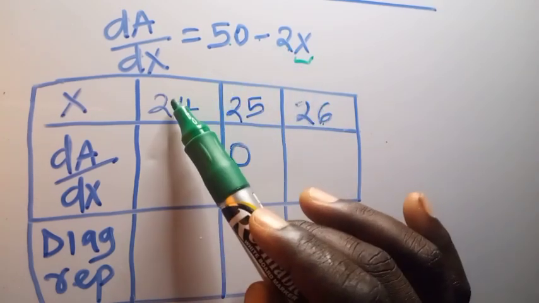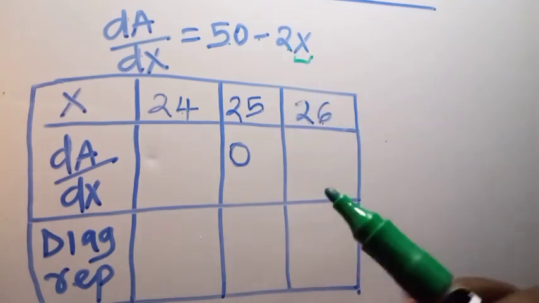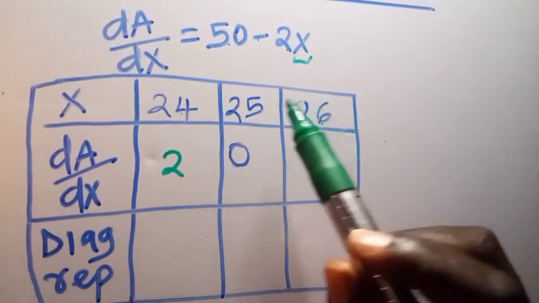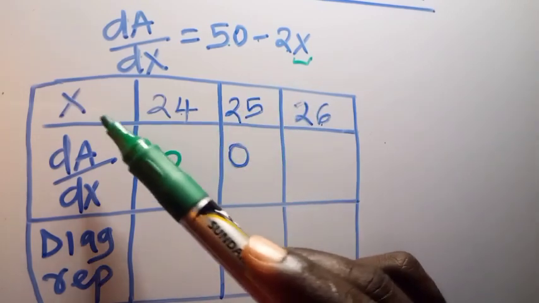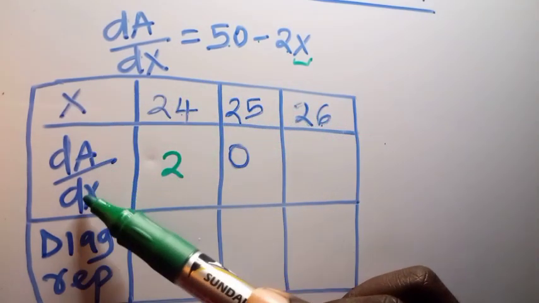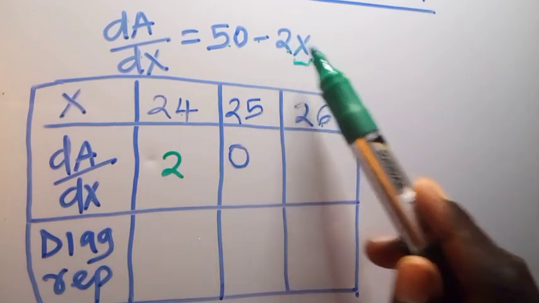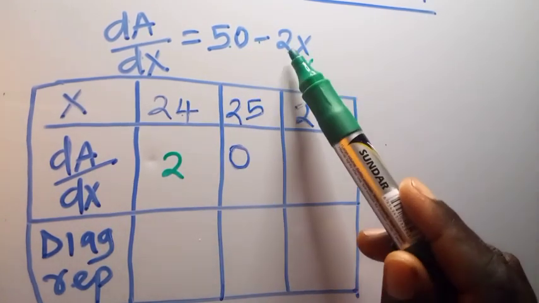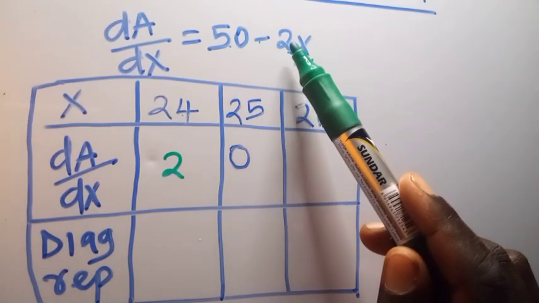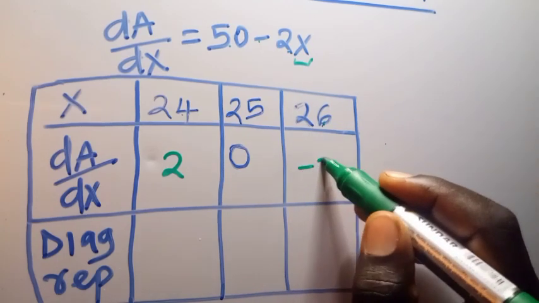Now, 2 times 24 is 48, and 50 minus 48 is 2. Now, when x is 26, what will be our dA over dx? It will be 50 minus 2 times 26. Now, 2 times 26 is 52, and 50 minus 52 is negative 2.